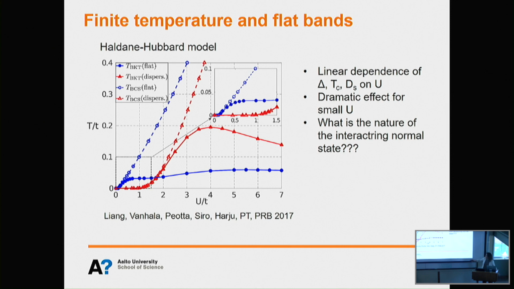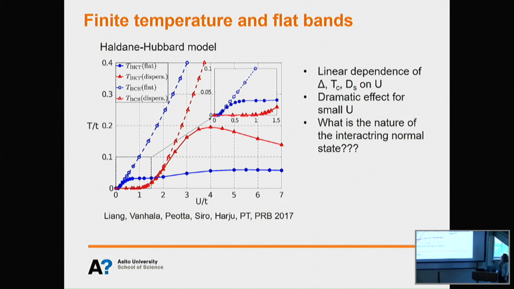And here we have calculated the BKT temperature and BCS for the flat bands, which go like this. So this is the BKT, and this is for the dispersive band. This zoomed-up view shows that especially for small interactions, these flat bands are dramatically better. And then for larger interactions, actually dispersive bands win.